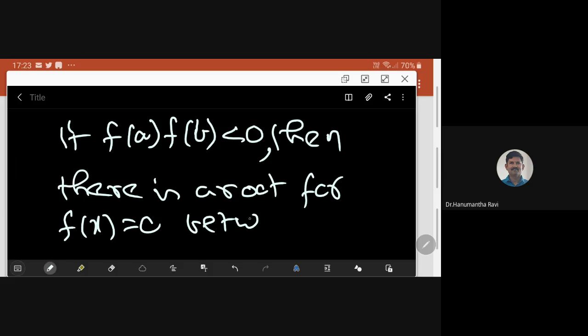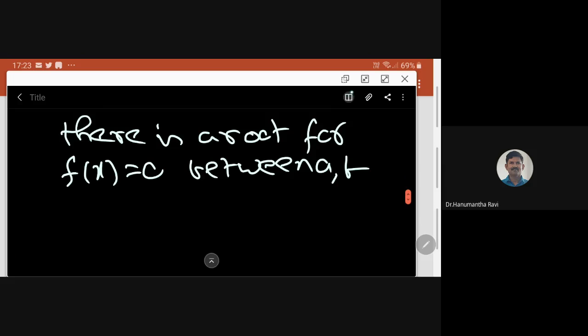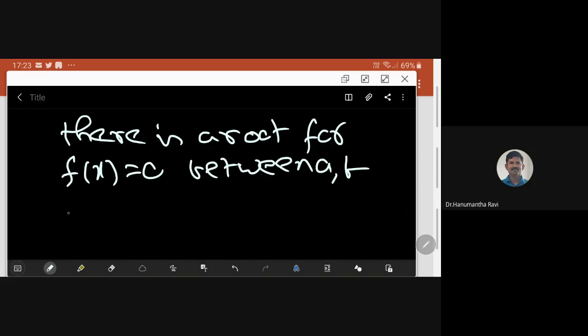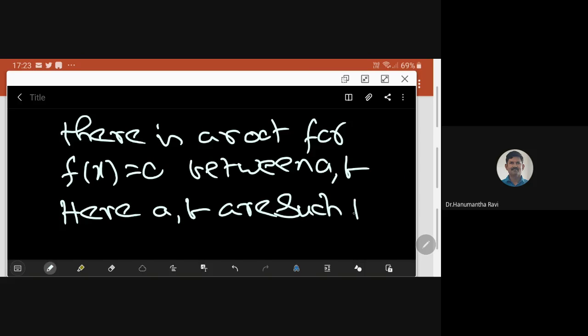between a comma b. Notice that we are choosing a and b such that f of a into f of b is less than 0.